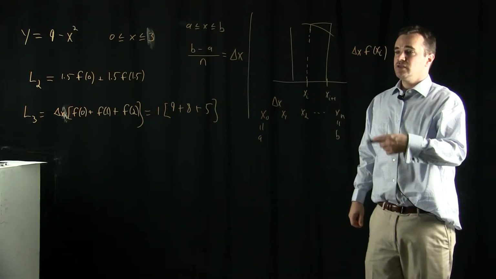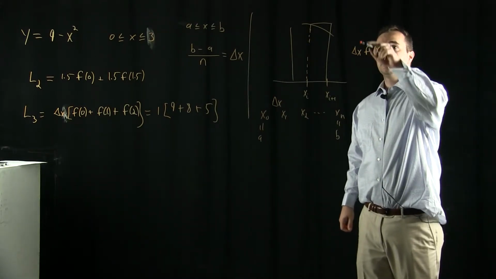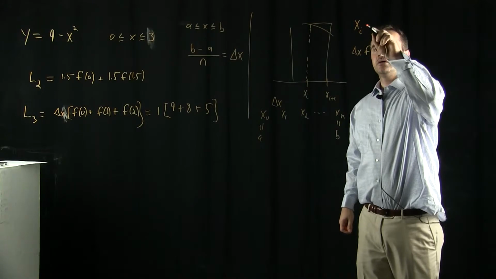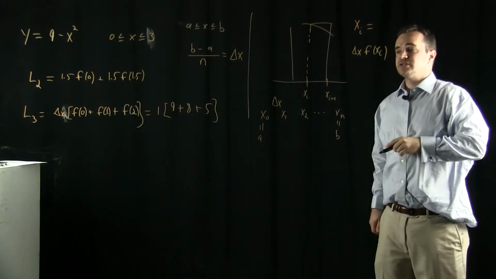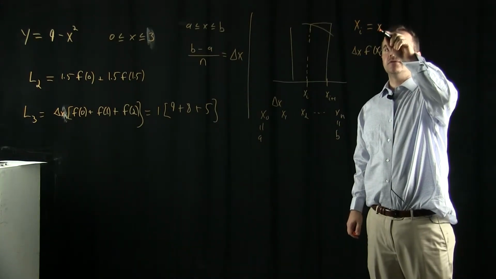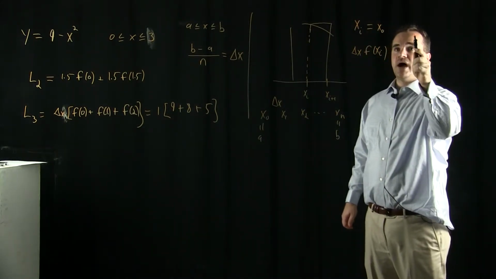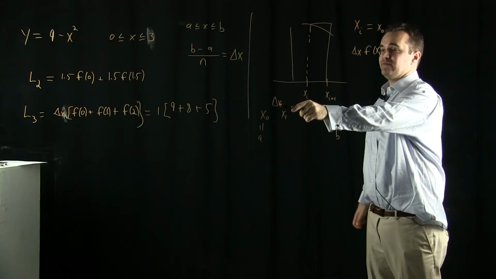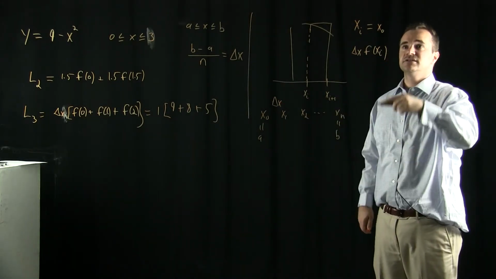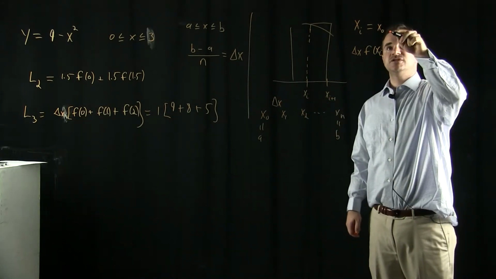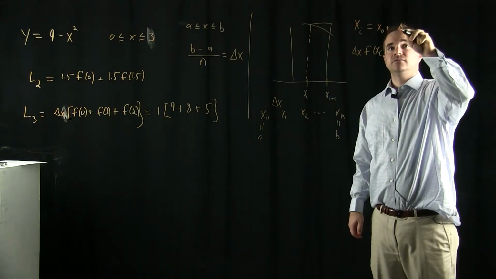In general, the formula for the ith point is going to be, well, start with x0. And if you're moving out through i intervals, each one having length delta x, then for x1, you'd just be adding delta x to it.